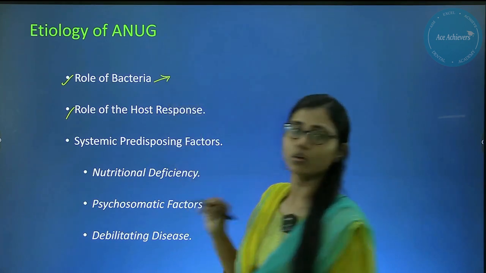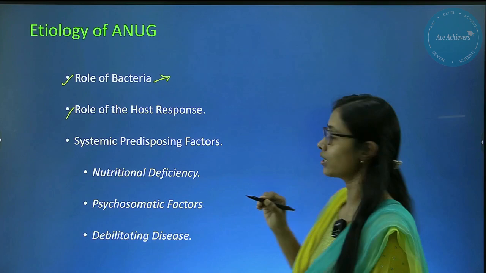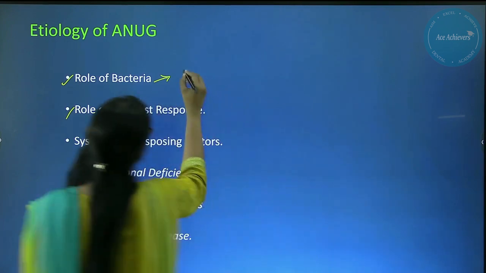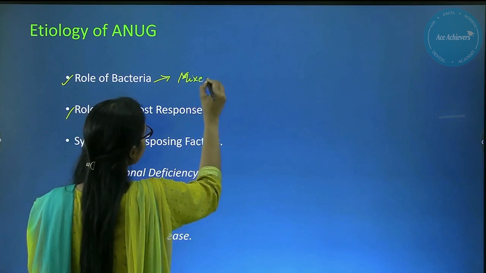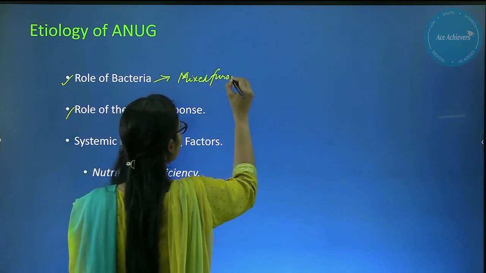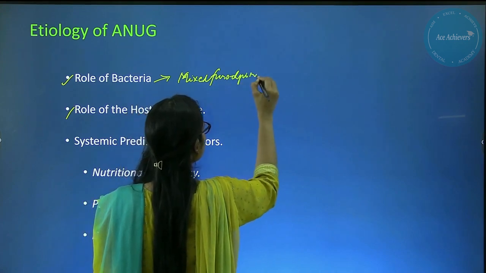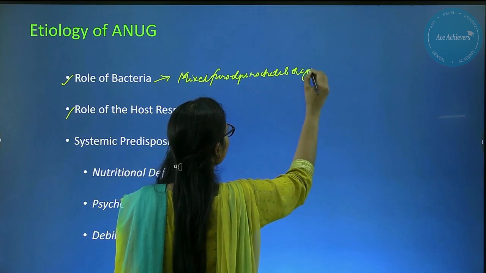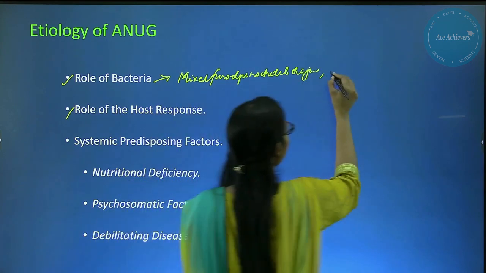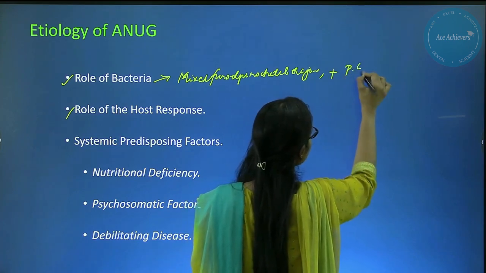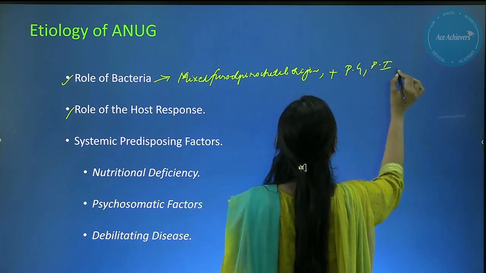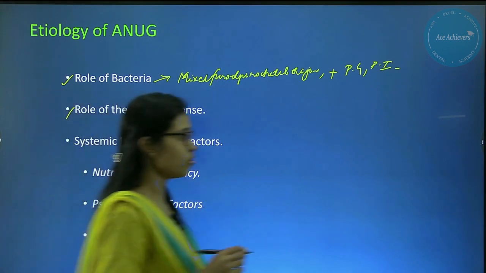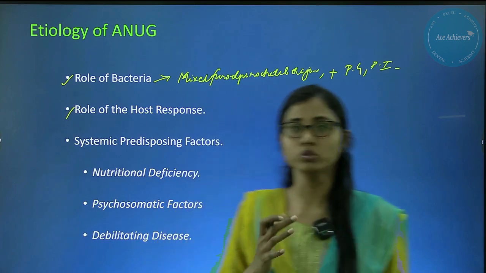Regarding the role of bacteria, this is more of a mixed fusospirochetal origin, along with some other bacteria like P. gingivalis and P. intermedia in some cases. Next, the host response is not going to occur in all individuals.